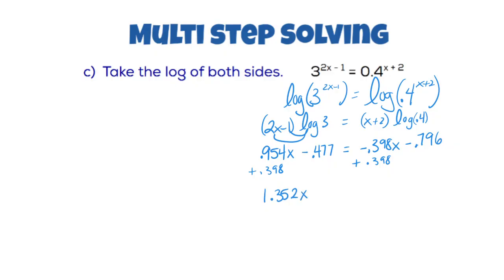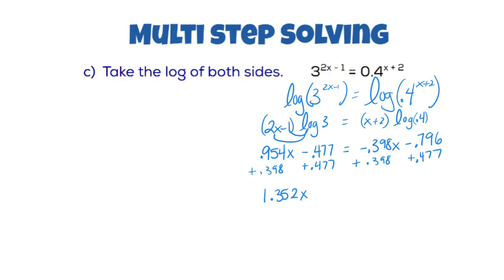1.352x. Now I'm going to move my numbers to the right side. So I'm going to go grab the negative 0.795 number, and then I'm going to end up having to go up and grab that 0.477.